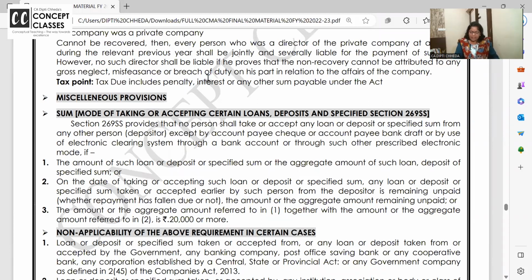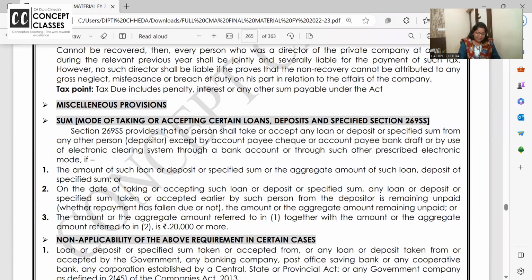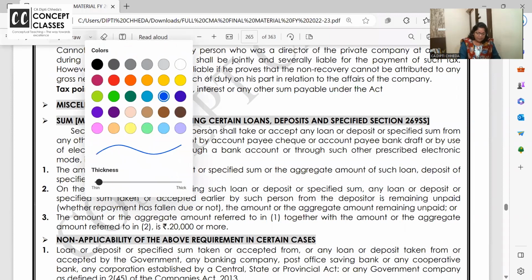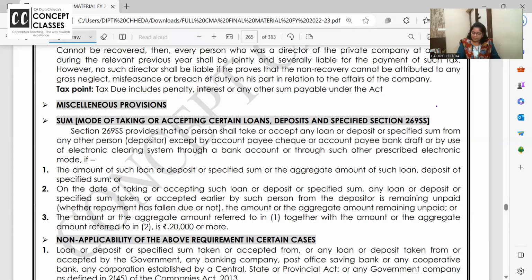Mode of taking or accepting loan or deposit in specified transaction, section 269SS. 269SS provides that no person shall take or accept a loan or deposit from any person except by account payee cheque or draft or electronic clearing system through a bank account.